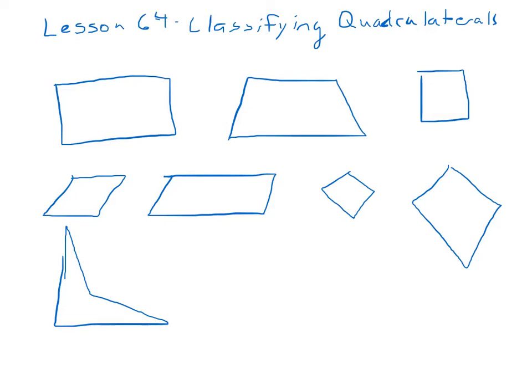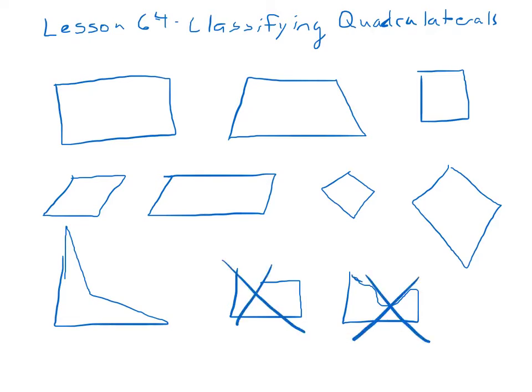All of the sides touch. An open one would look something like that. All of the lines are straight. We don't have a curvy line that brings us back. So a quadrilateral just needs to be a four-sided figure.